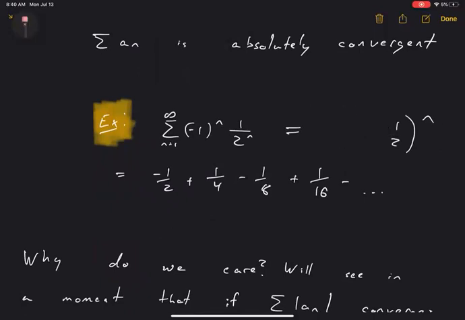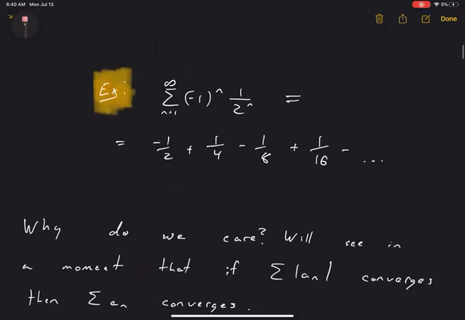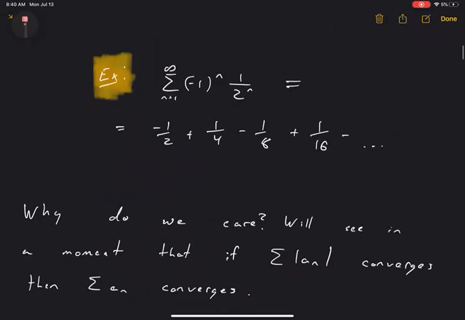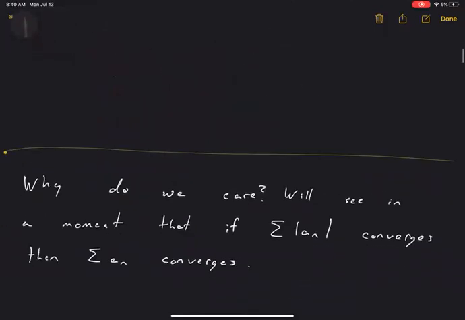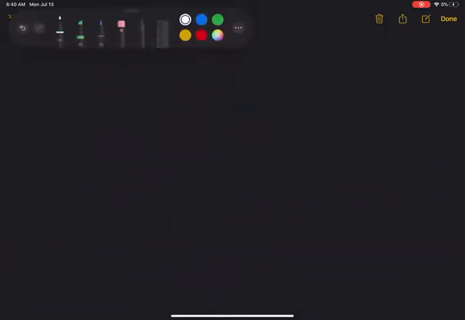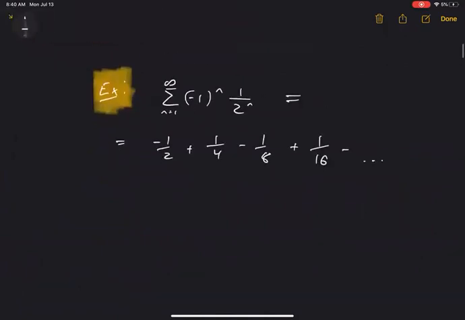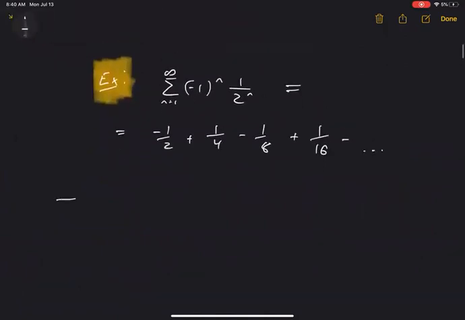Let's consider the series of absolute values. When I take the absolute value of everything, that negative sign is going to disappear, and I should just be left with 1 over 2 to the n.